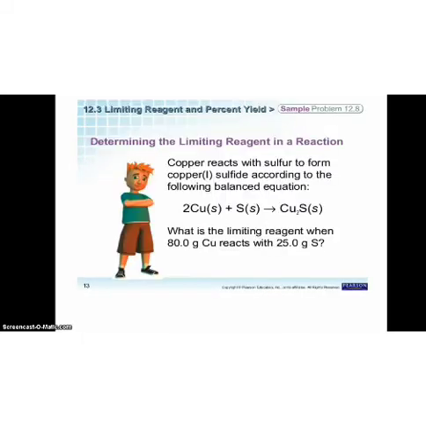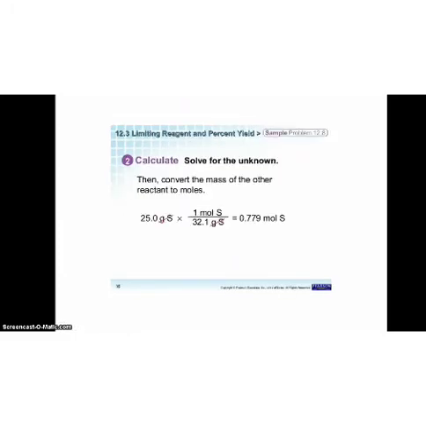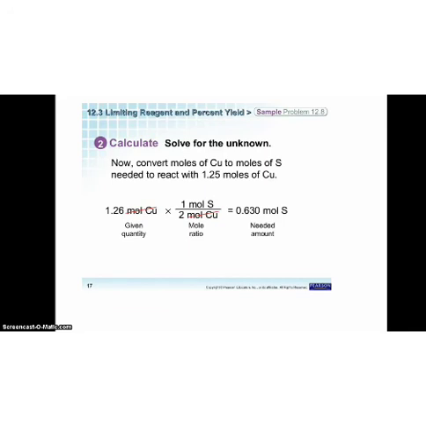First look at the balanced equation. Here it is a 2:1 ratio: copper is 2 and sulfur is 1. That's why 2 moles of copper react with 1 mole of sulfur. So first find the number of moles of the reactants, then convert the moles of copper to moles of sulfur by dividing the calculated mole value by the mole ratio.